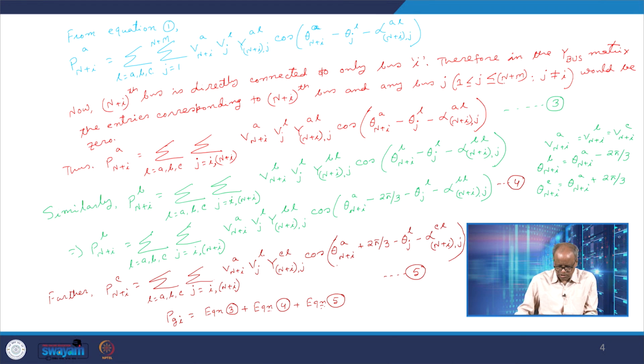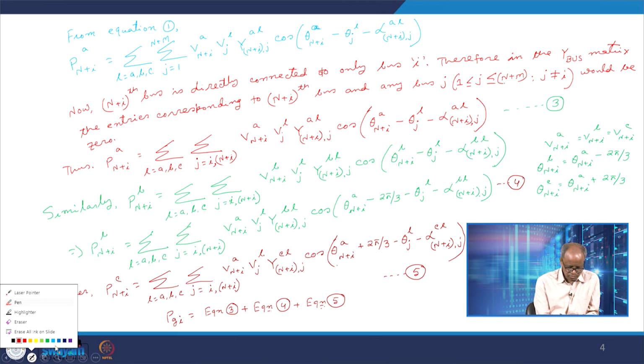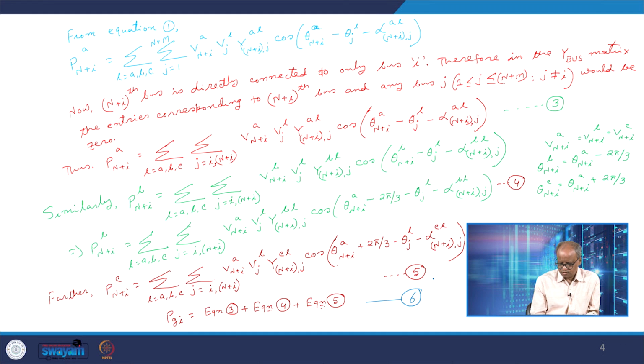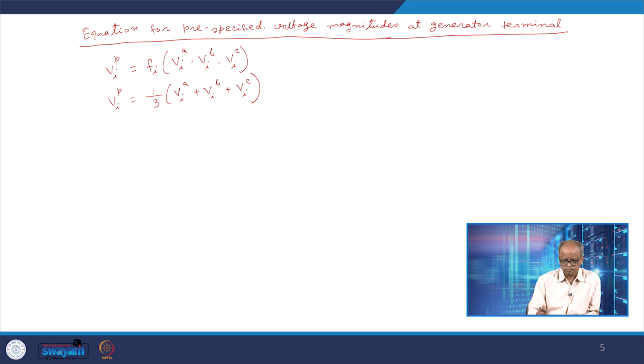Let us say that PGi is equation number 6. I say that this is my equation number 7. So this is for all Vi specified.